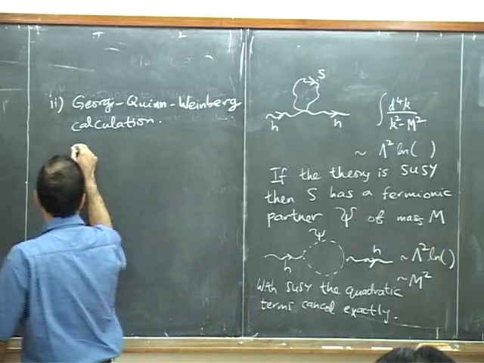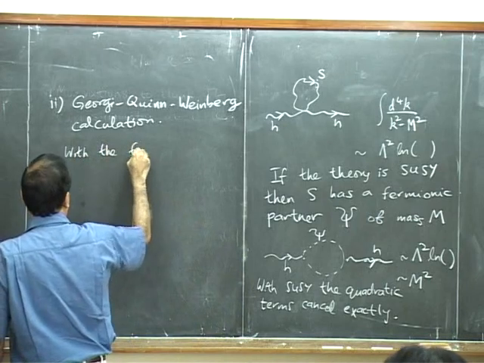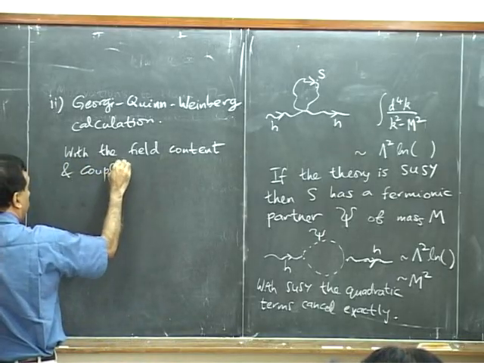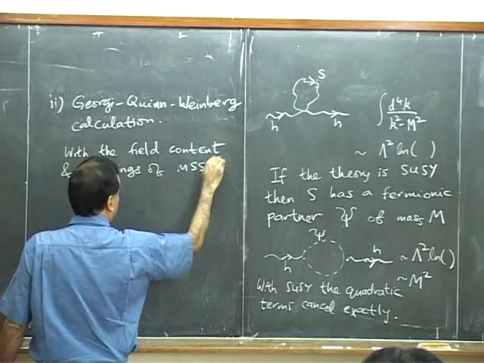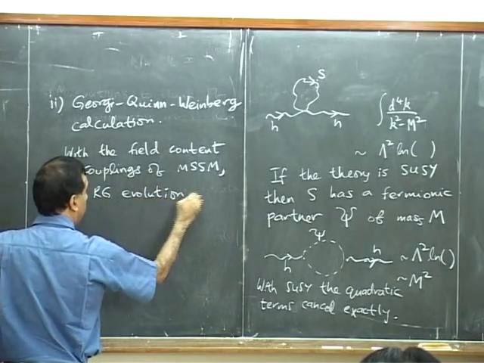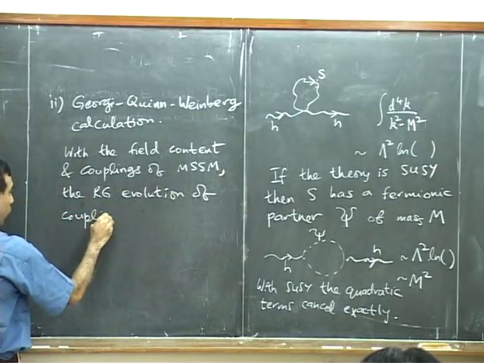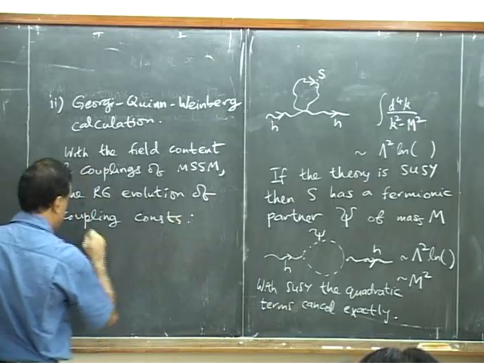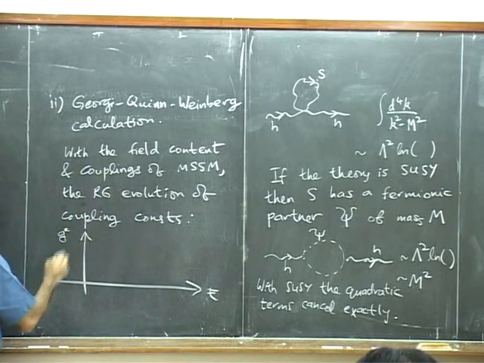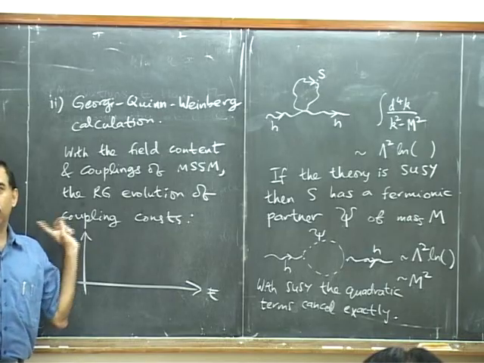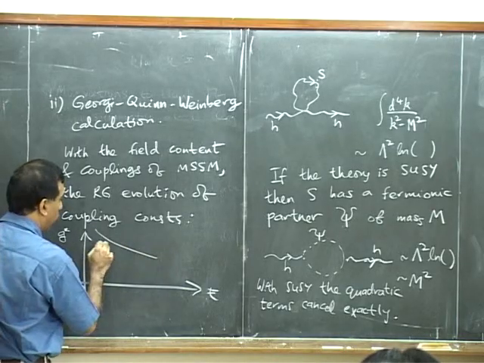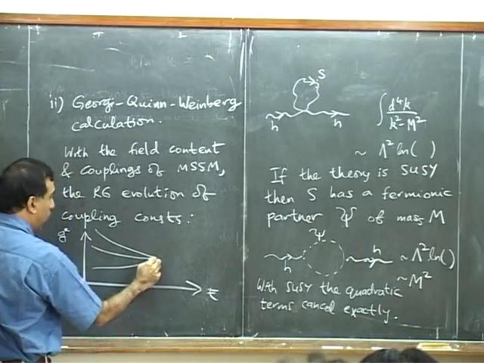And what it does is that it says with the field content and couplings of the MSSM, which we are going to list in a few minutes, the RG evolution of coupling constants up to a high scale looks like this. Here is the energy, here are the coupling constants, g squared, where this g can be g_Y, g_2 or g_3 in my notation, the coupling constant of the hypercharge U(1), or of SU(2) or of SU(3), and you find the following picture.